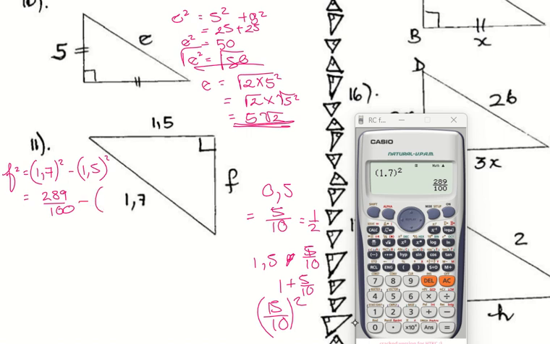So that's going to be 225 over 10 squared, which is 100. Now we have the same denominator. So we can say it's 289 minus 225 over 100. And what is that answer?